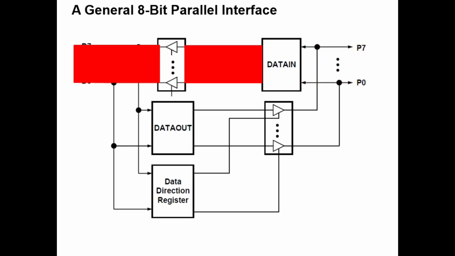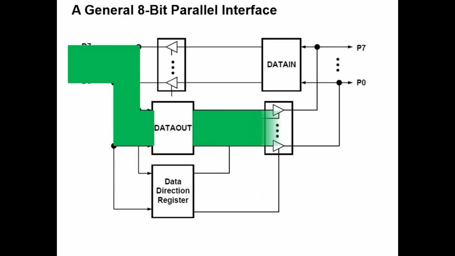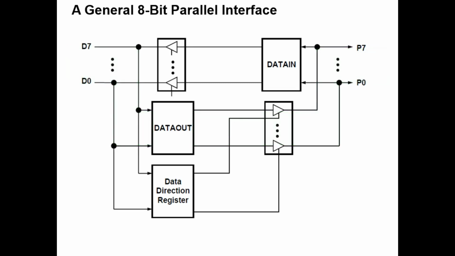And one more concept here is when the processor sends data. When the processor sends data from the data bus, it reaches the data out register. From the data out register, through the tri-state buffer, using the same P0 to P7 it reaches the output. So this is how we can reduce the circuit by using bidirectional ports.